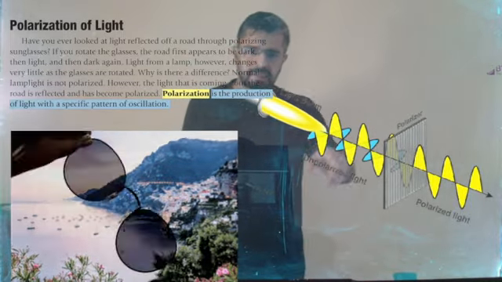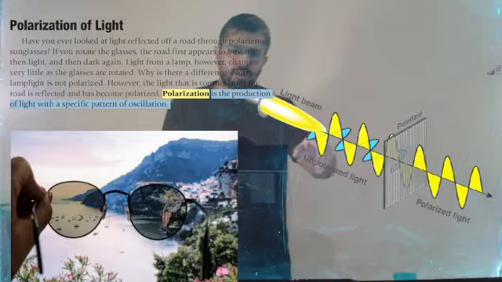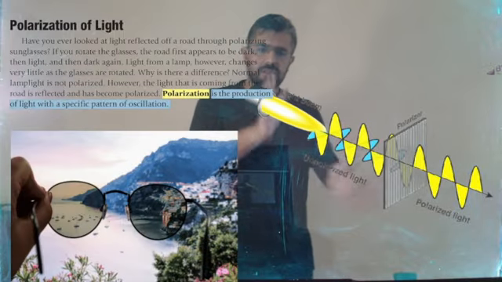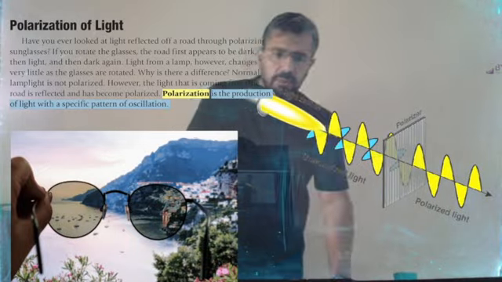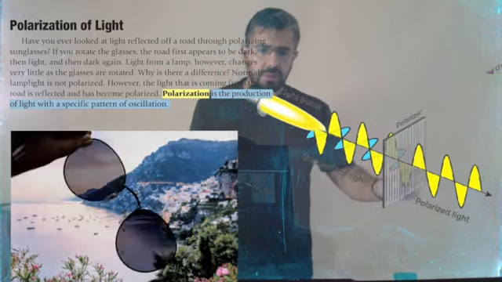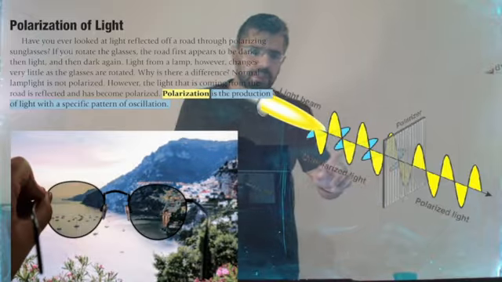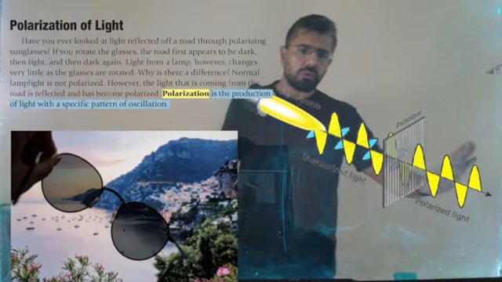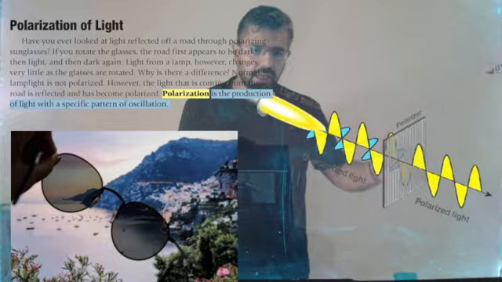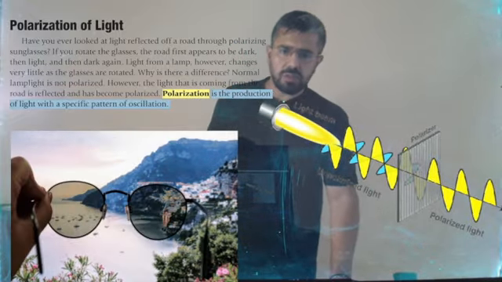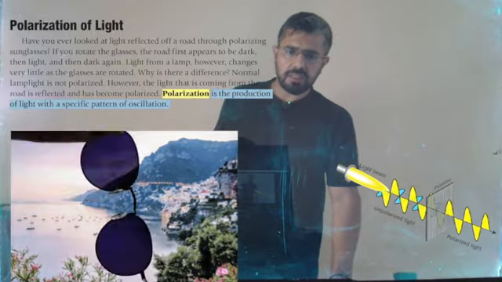So let's take this example, this beam of light, or let's imagine a light coming from the sun, which is not polarized, meaning it's going in all directions. The moment it passes through this polarization lens, the light is polarized according to only one axis, which is parallel, if you notice here, to the axis of this lens. We'll be discussing this in a few slides.